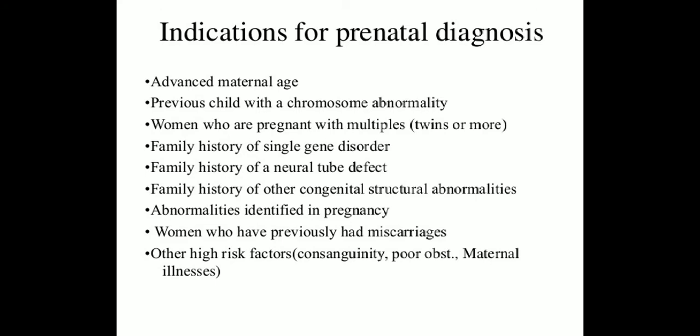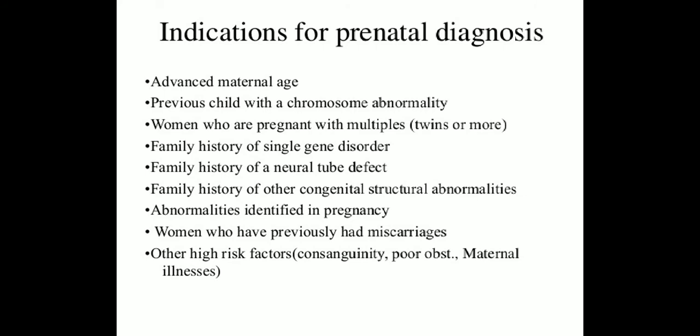The third one is women who are pregnant with multiples. So, if the pregnant woman is seen to be having a twin pregnancy or multiple pregnancy, like triplets or quadruplets, we have to do prenatal diagnosis in that lady.